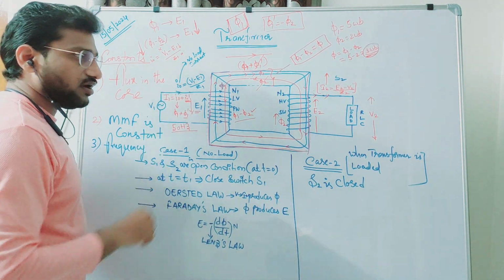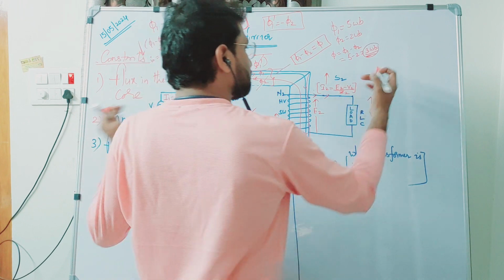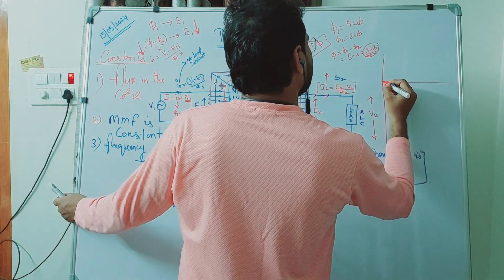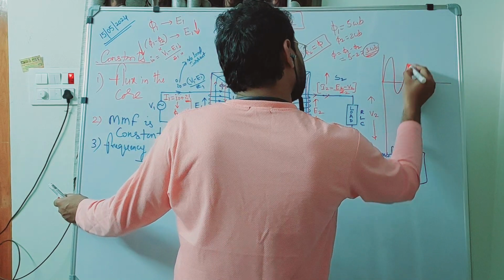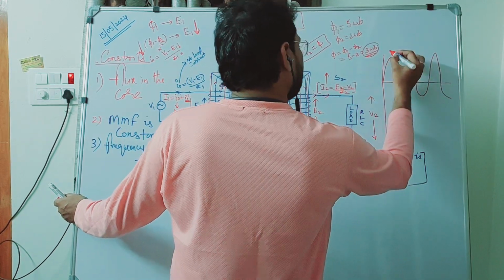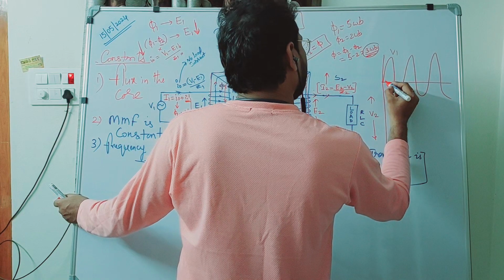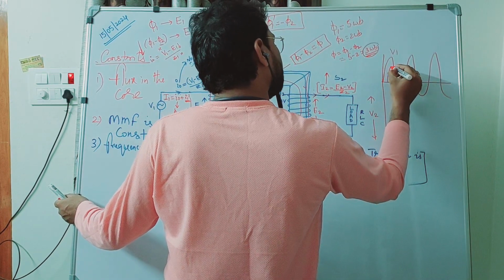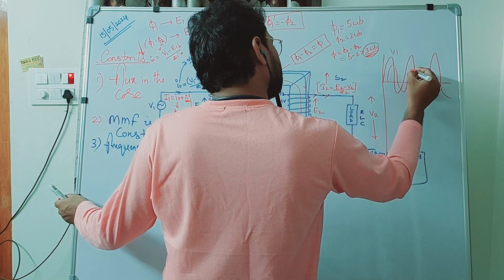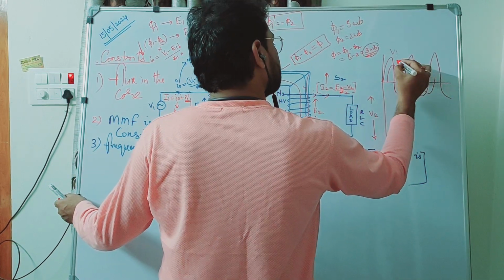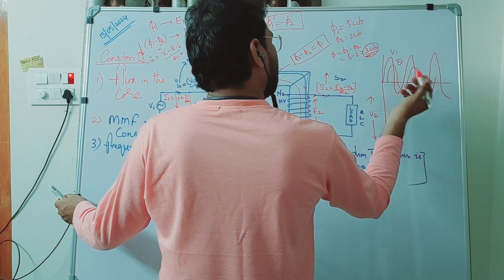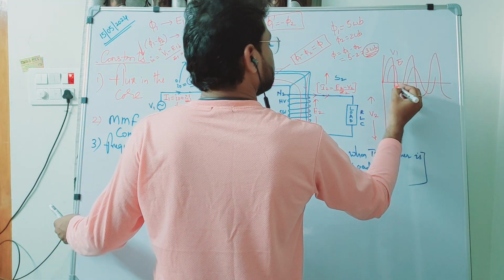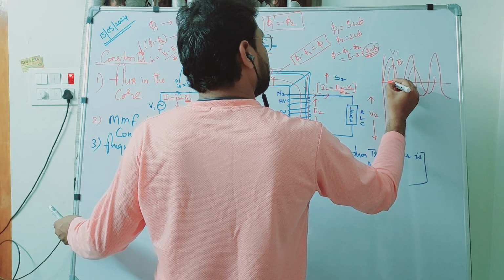constant. What I mean to say is, suppose you take a graph here. Suppose this is V1, and since it is exactly opposite, this is E1 or E2, and E1 and E2 are both in phase.